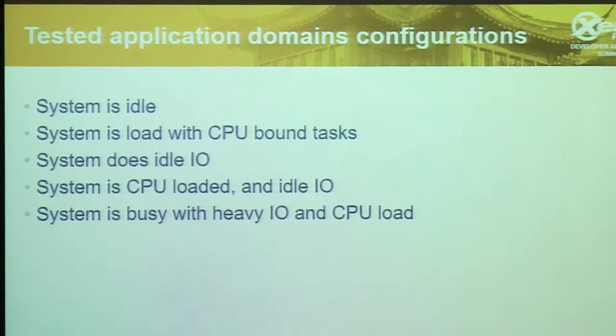Then the system is CPU loaded and idle I/O. It means the same intact Android, intact UI in DomD, but we have some CPU burners run in application domains. And the last one is the system busy with I/O and CPU load.